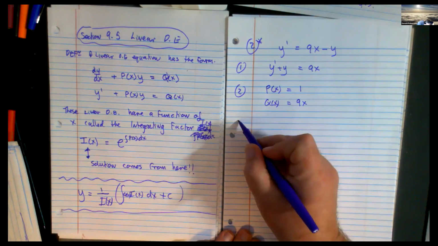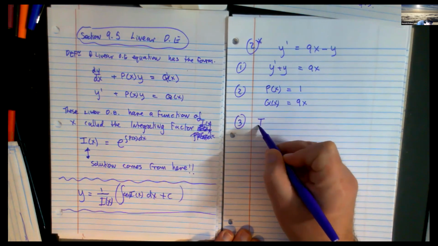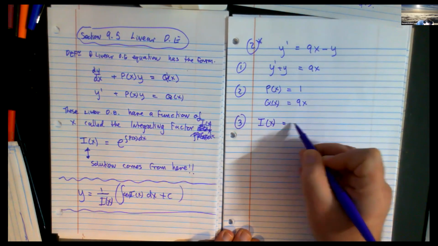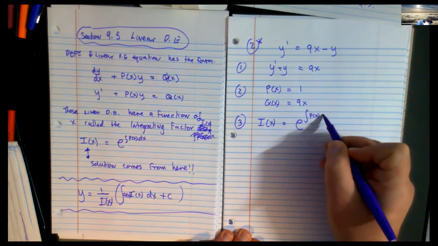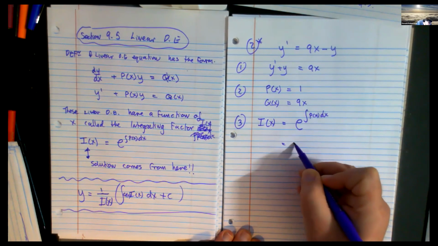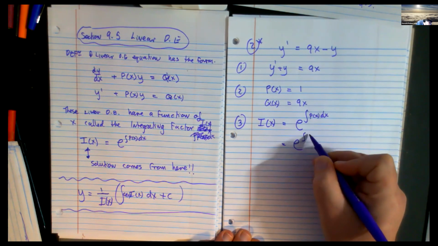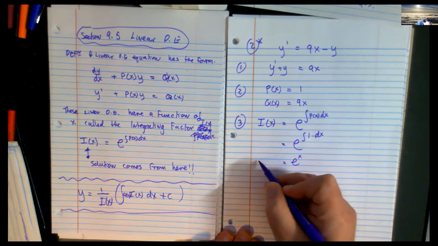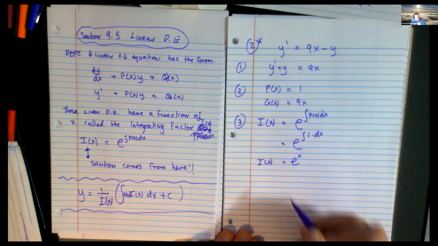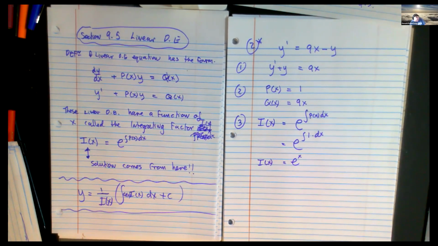Step 3, find the integrating factor. It's e to the power of the integral of p(x) dx. It's e to the integral of 1 dx. It's just e to the x, without any plus c's.